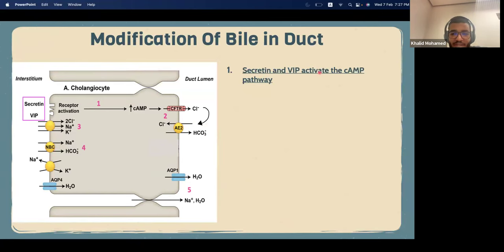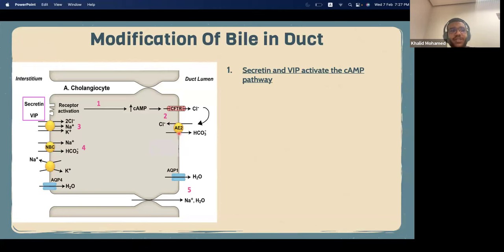Secretin and VIP activate the cAMP pathway. Now you need to start linking information from this lecture with the pancreatic secretion lecture, with the gastric secretion lecture, any lecture that has secretion in it. You need to link these pieces of information because it makes it easy to get the big picture. Whenever secretin or VIP acts on a cell, it activates the cAMP pathway, and secretin usually activates the hydrogen carbonate ions and secretes hydrogen carbonate to make whatever is in the lumen more alkaline.